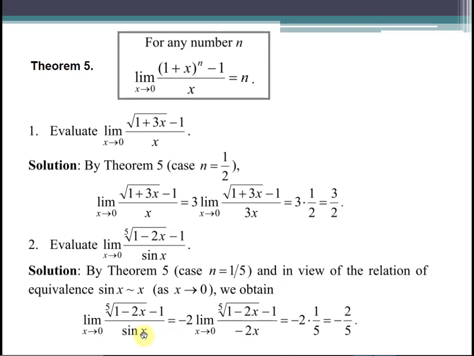However, sine x is equivalent with x, so we can change sine x with x, and we don't need to multiply by x. So the answer is minus 2 times 1 over 5, because this is now the form of theorem 5 and it equals n, which in this case is 1 over 5. The answer is minus 2 over 5.